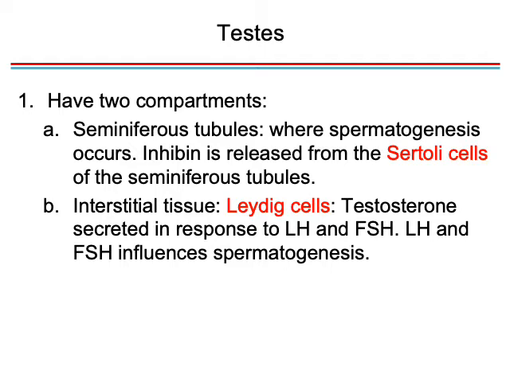The second compartment are the interstitial cells, known as the Leydig cells. And Leydig cells are the main endocrine cells of the testis. They respond to LH and FSH interactions. They have LH and FSH receptors, which do two things.